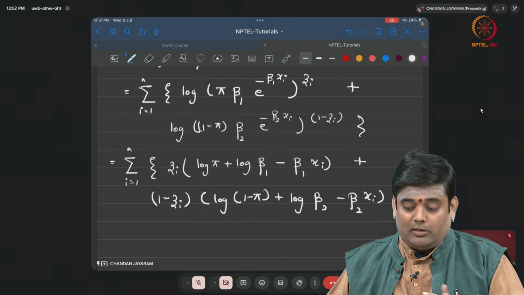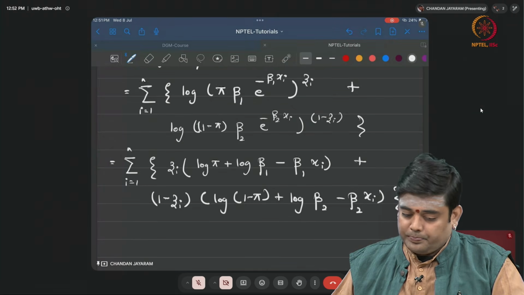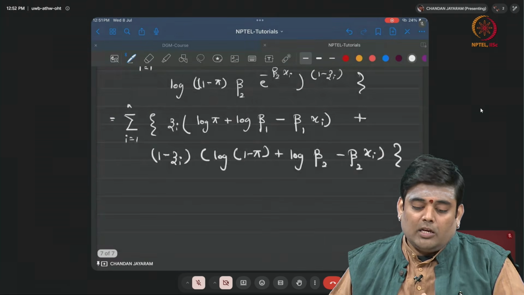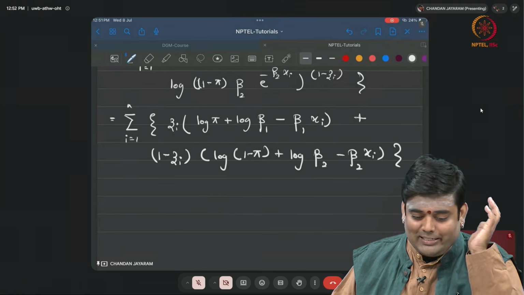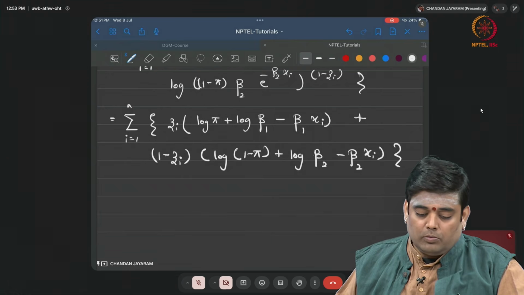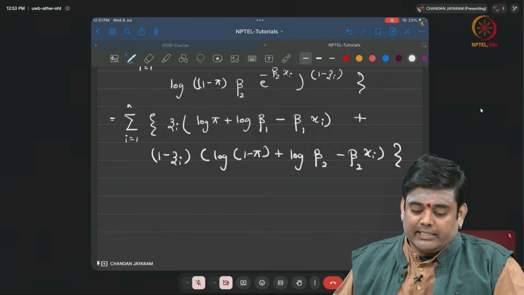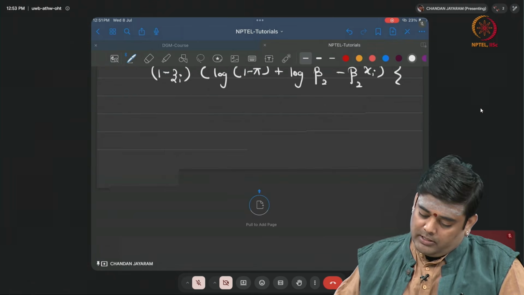I am using the rules of logarithms, assuming that these things are clear. Now we are using the EM algorithm, we do not know what this zi is. In each step, what are we supposed to do? In each step we compute the expected value of zi. So now let us start doing it.